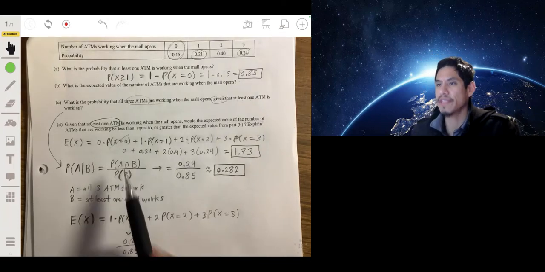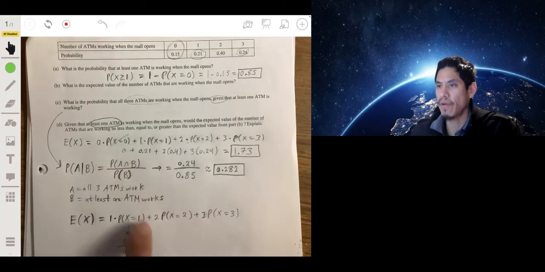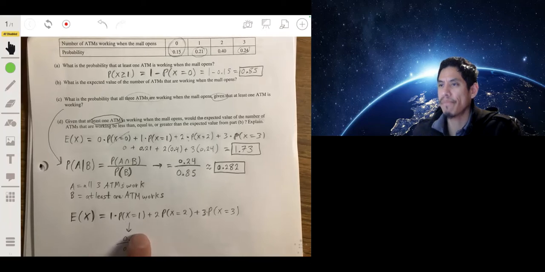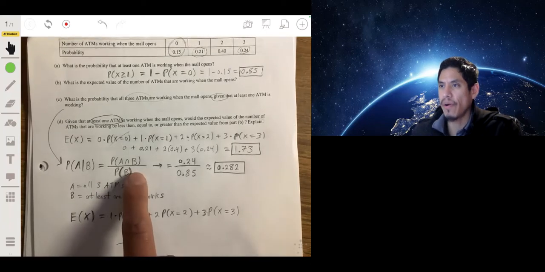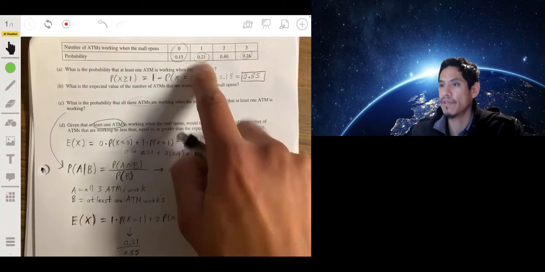Think of what's going on here: these are conditional probabilities. Probability that x is 1, given the condition that at least 1 works, so we're dividing by 0.85. And the top is the probability that x is 1 in general, 0.21.